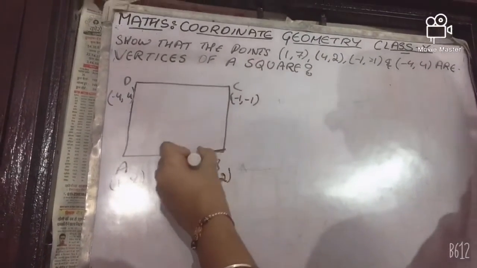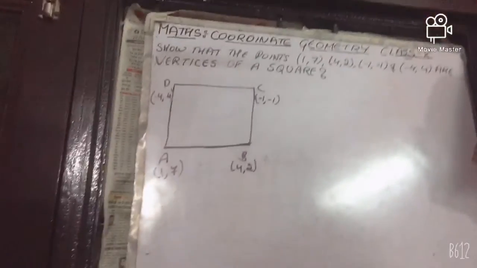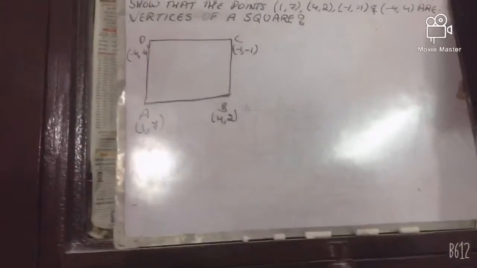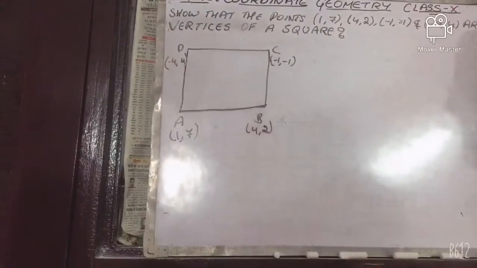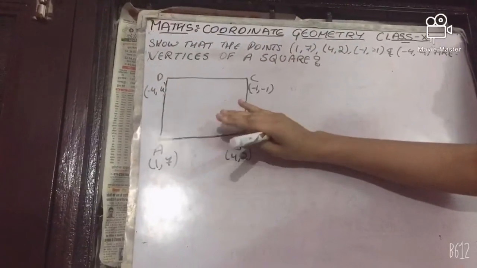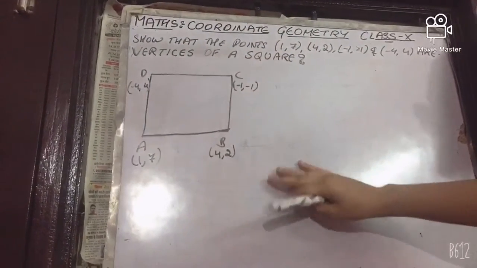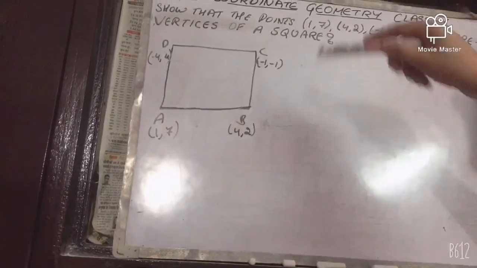First of all, to identify the square, you should know what the properties of a square are. The main property is that all the sides are equal. So to identify that it is a square, we have to show that all the sides are equal. Then we can say that it is a square.